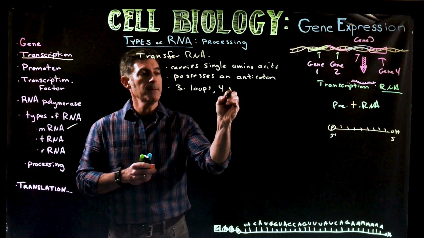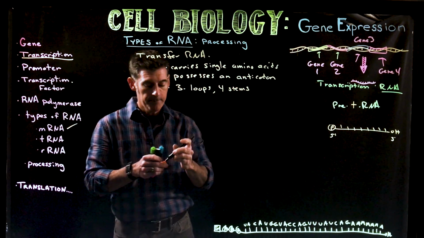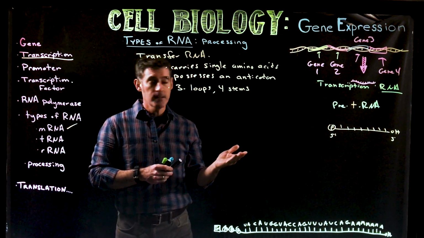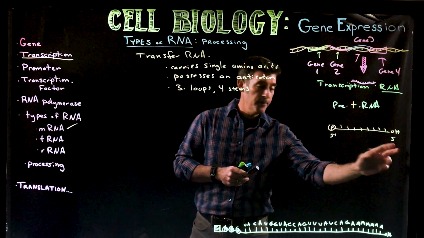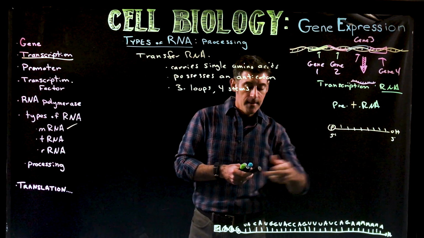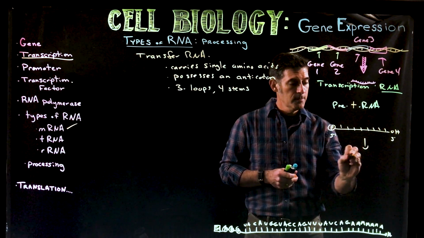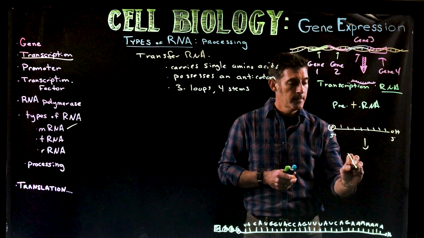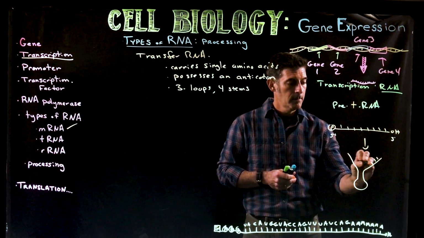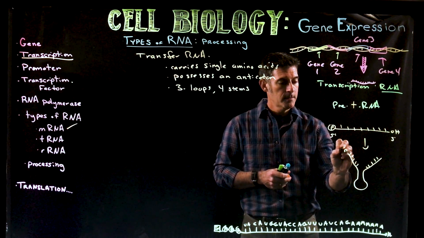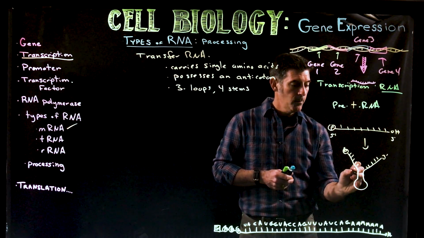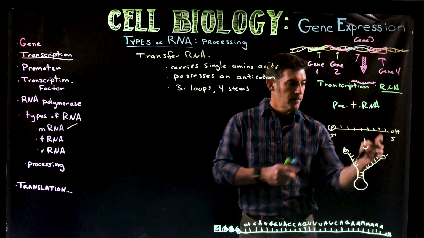All right. So what's going to happen with the transfer RNA in terms of processing? Well, the transfer RNA starts off as a short piece of straight RNA, like this, single-stranded RNA. And then what's going to happen is that this single-stranded piece of RNA is going to be folded. So let's say, for example, here's still our 5' end. Here's still our 3' end. And what's going to happen here is that part of it is going to hydrogen bond with itself.